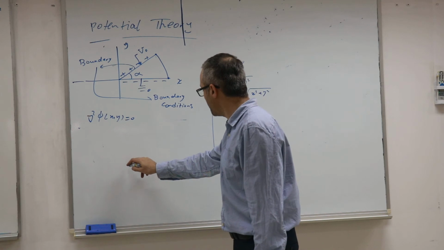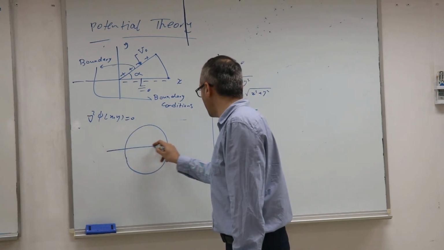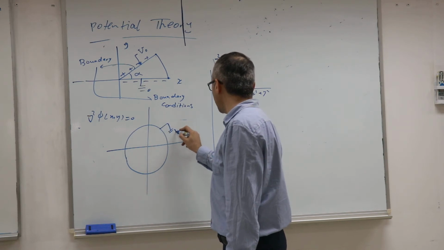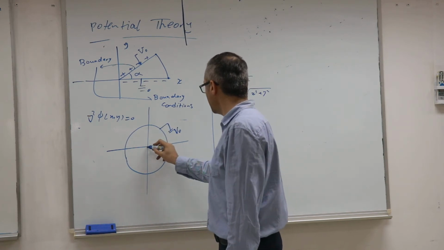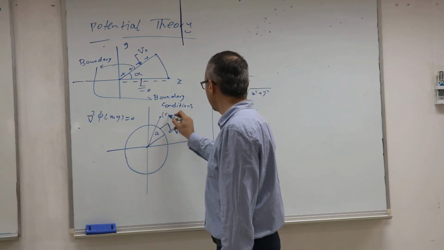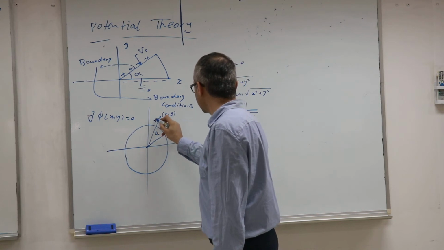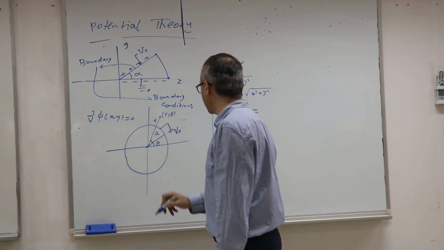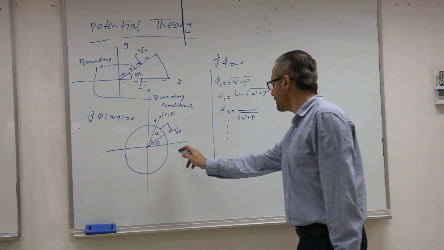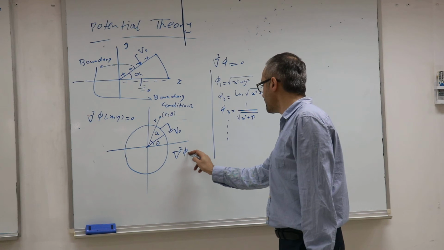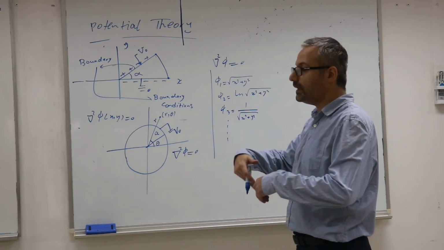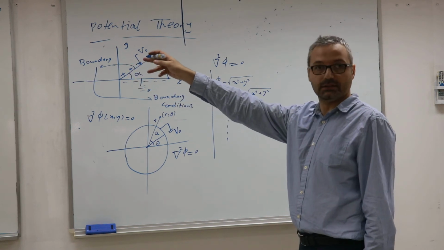Or the other example is that, as I told you, we have a circle, and I know the potential here is V0, and I want you to give me the potential here at the distance R and the angle theta. Still, you know that the potential satisfies the Laplace equation, and there are many solutions for the Laplace equation. I listed just 2 for you.